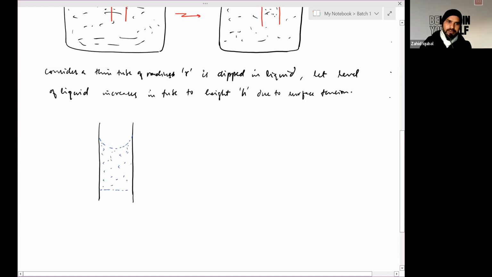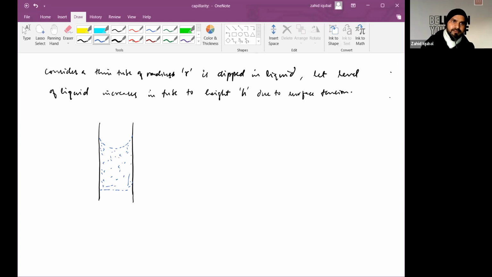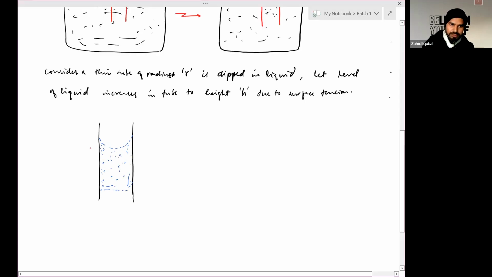If you want to calculate its total volume, just draw a horizontal line at this point. So mainly we have two different parts. One is from this point to this point, and the other is from this point to this point. So how to calculate the volume of this upper segment? Let me define how to calculate.